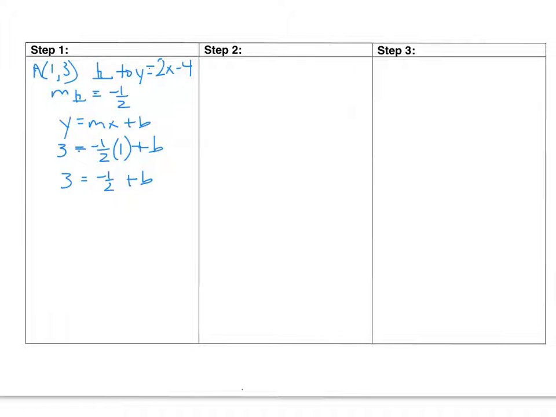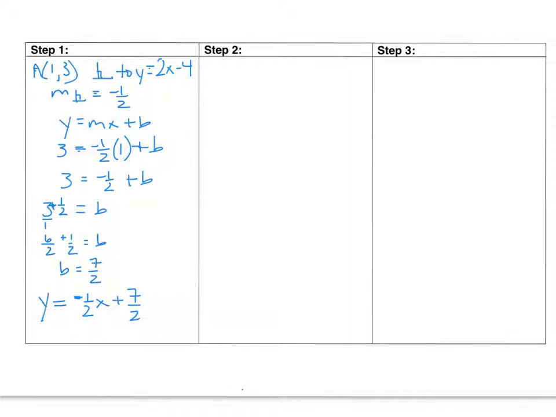I'm going to add a half to both sides, so 3 plus 1/2, or 3.5, would equal b. 3 wholes would be 6 halves plus 1/2, so b is equal to 7 halves. So my equation of the line would be y = -1/2 x + 7/2.